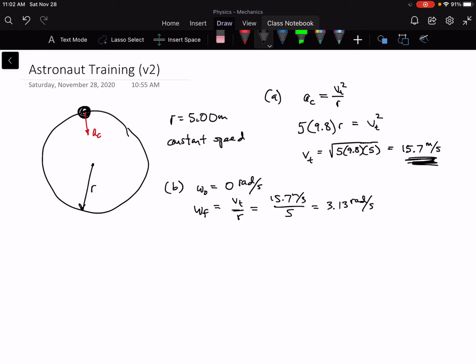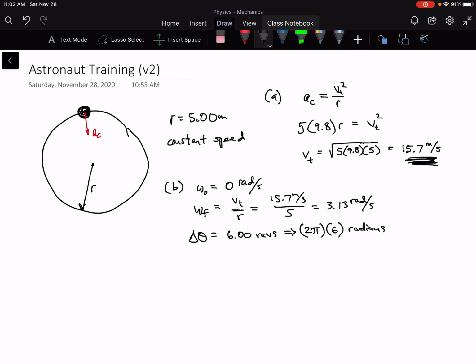All right, so we have final angular velocity and initial angular velocity. And all we have left in terms of our knowns is the angular displacement, which is 6.00 revs, which converts to 2 pi times 6 radians, because there are 2 pi radians in a rev.